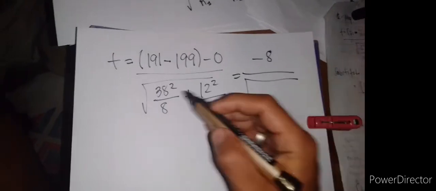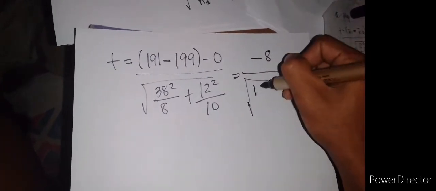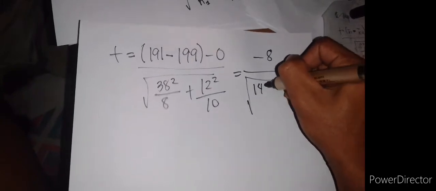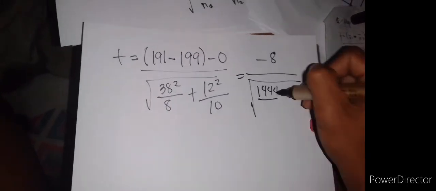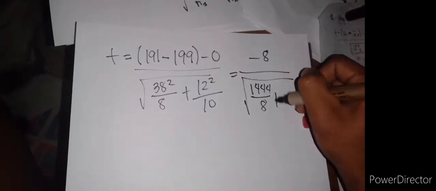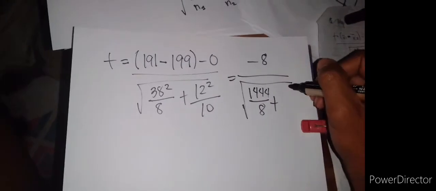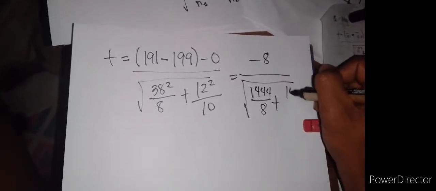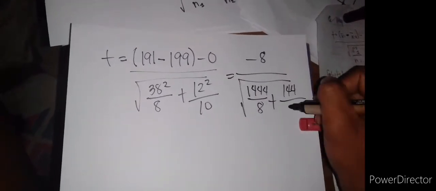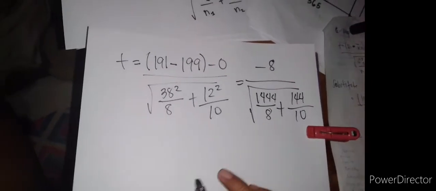square root of 38 squared is 1444 divided by 8, the first sample size, plus 12 squared is 144 divided by 10, the second sample size.